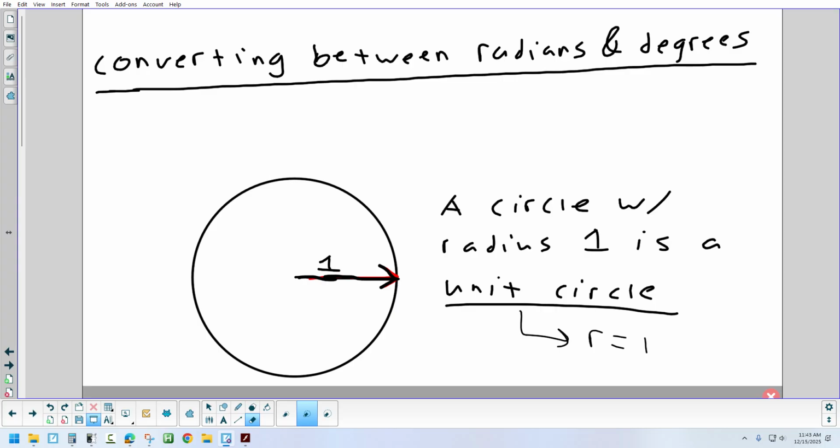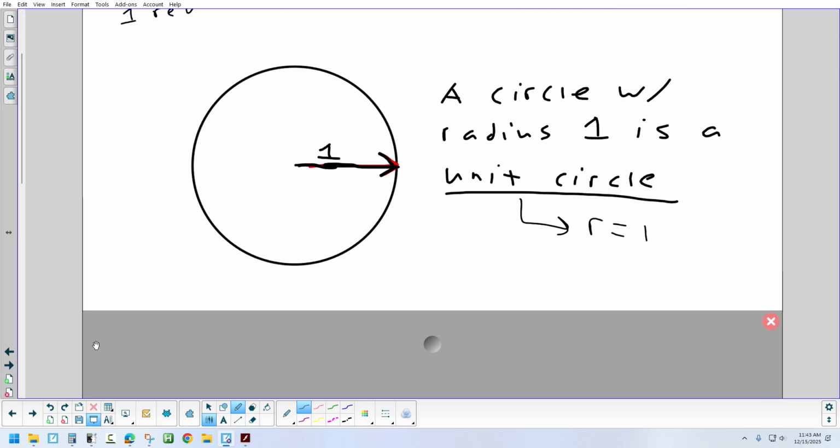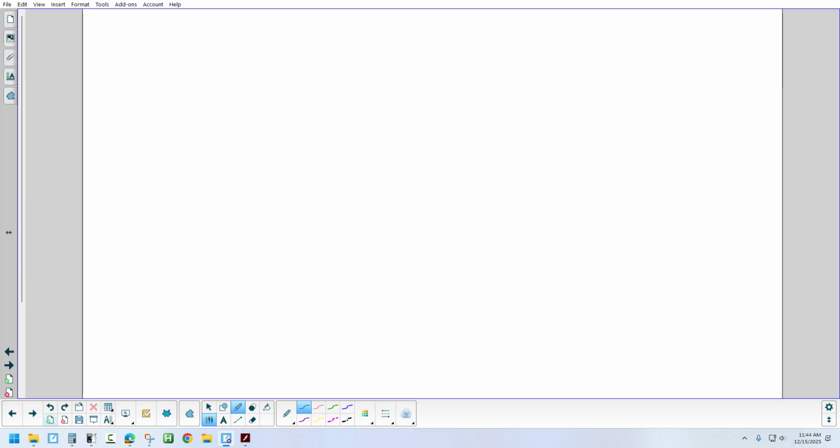We already know a connection between degrees and revolutions. 1 revolution equals how many degrees? 360. Because you know that fact, you could convert any number of revolutions to degrees just by setting up a proportion.